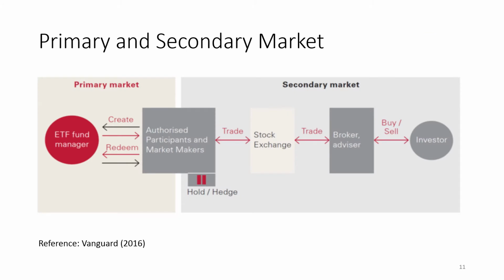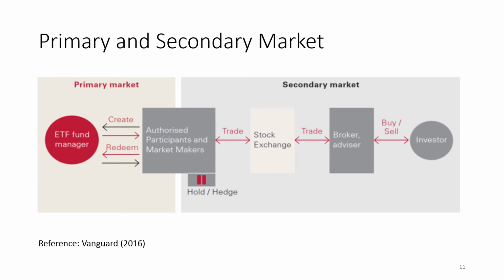Exchange-traded fund transactions take place in two interrelated markets. The exchange-traded fund market is made up of a primary and a secondary market. The primary exchange-traded fund market is made up of three major participants: the exchange-traded fund managers, the authorized participants, as well as the market makers.